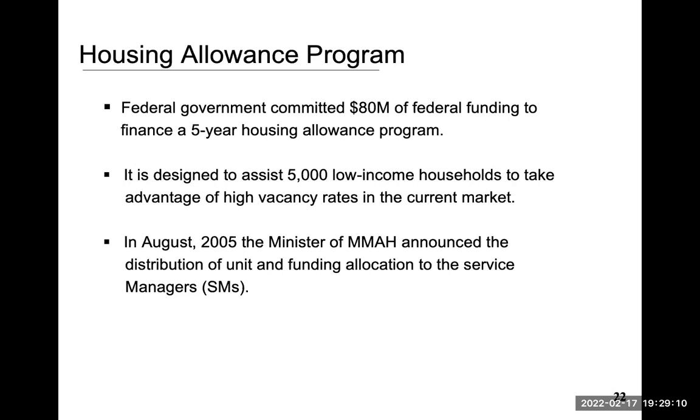They built 80 million Canadian dollars of federal funding to finance a 5-year housing allowance program, which is designed to assist 500 lower income households to take advantage of high vacancy rates in the current market. In August 2000, the Minister of MAH announced the distribution of units and funding allocation to the service managers.